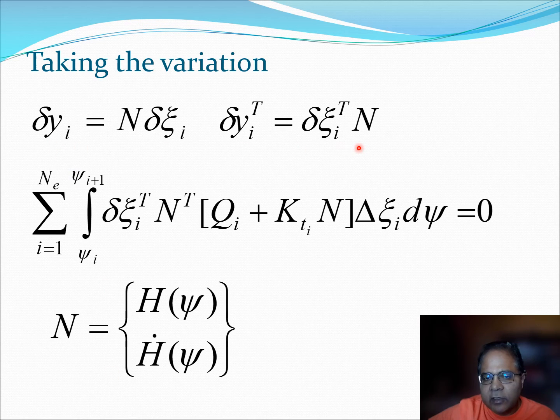So again we take the variation values here, we substitute this here again, and now as you can see we have expressed all the things in terms of the nodal coordinate, and now we have n, which is the shape function, we have the q, the load, and we have the tangential matrix.